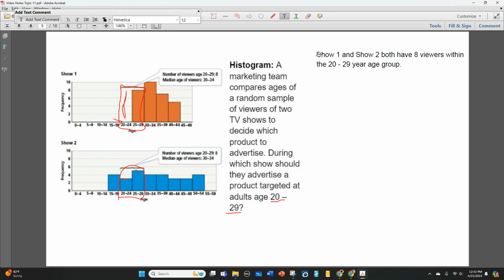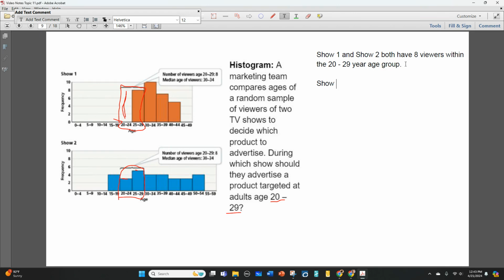Now, which is going to market towards a wider variety of people? Probably show 2, because they've got both age brackets represented, whereas show 1 only has that older age bracket.